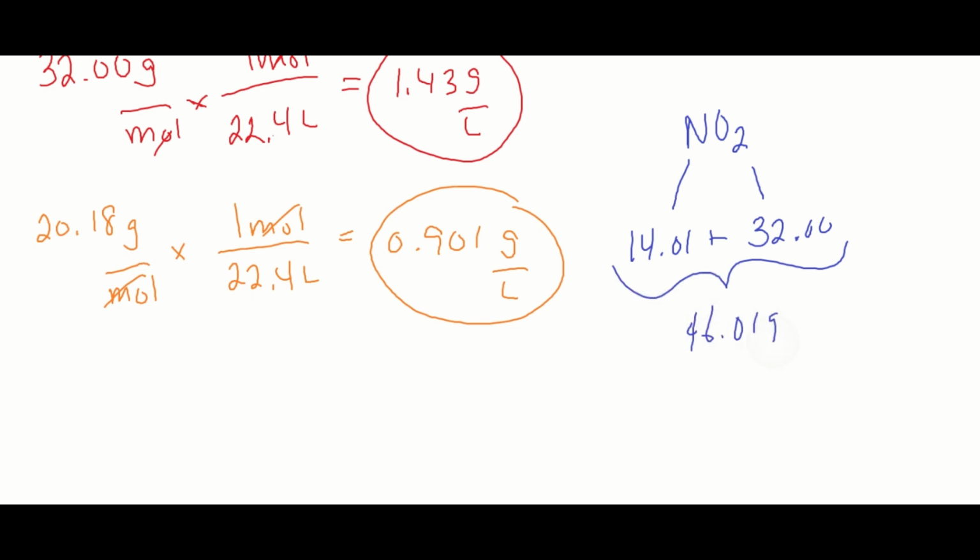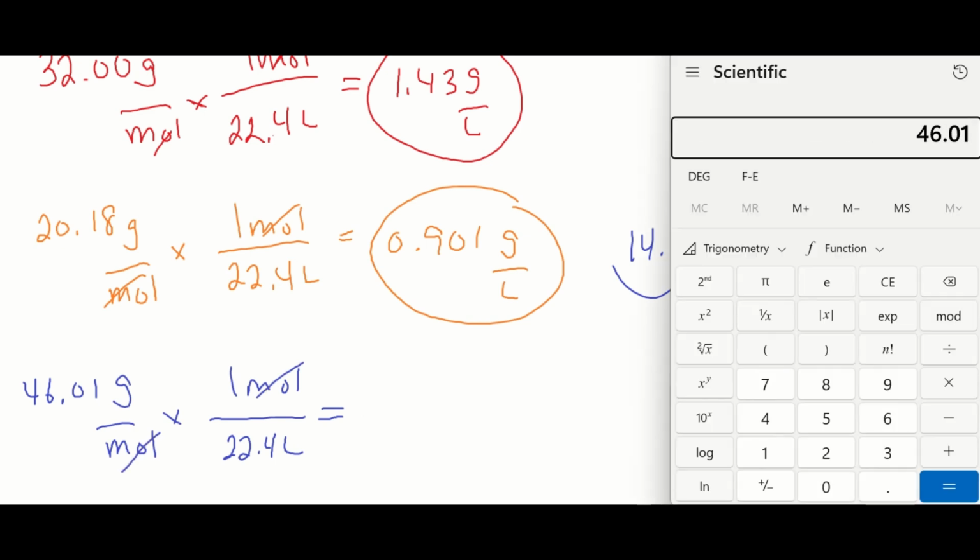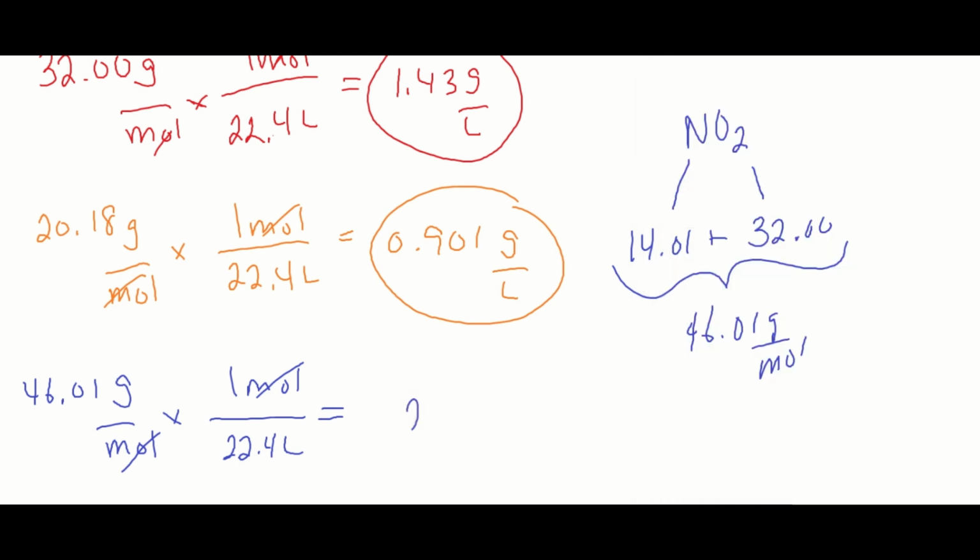So the molar mass for nitrogen dioxide is 46.01 grams per mole. So nitrogen dioxide has a density of 2.05 grams per liter.